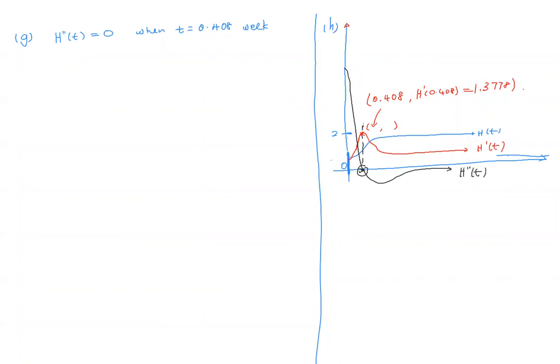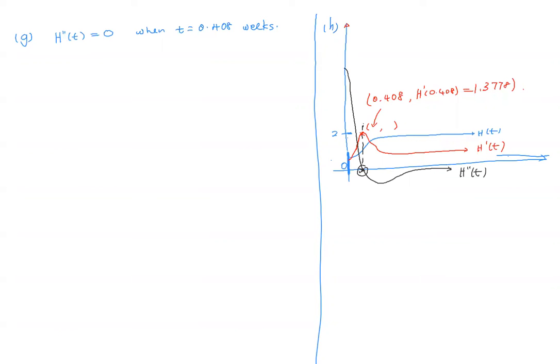And you can see that this is called the non-horizontal inflection point. Okay, so what does this point tell you about the rate at which the height is changing?